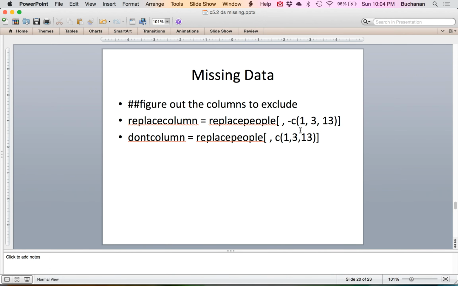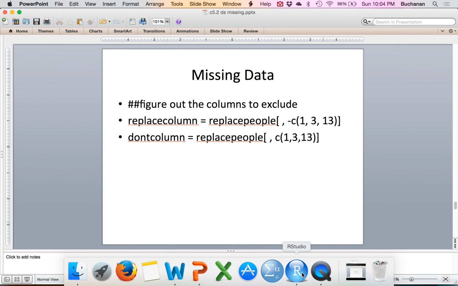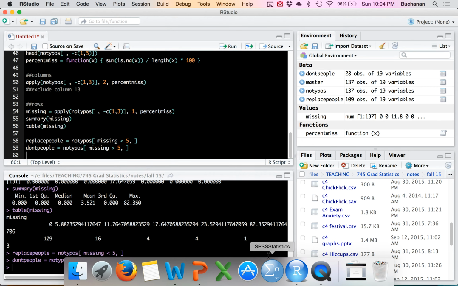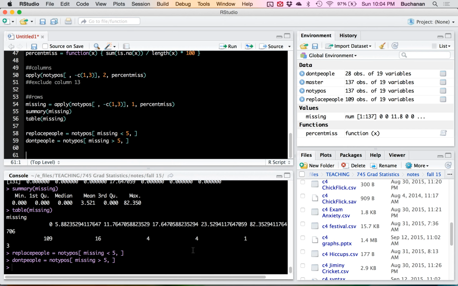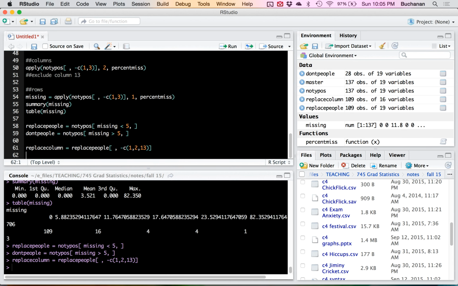So we're going to do that same thing, but now exclude columns. Okay. So we're going to do replace column equals replace people, okay, where I have all the rows minus 1, 2, and 13. Okay.